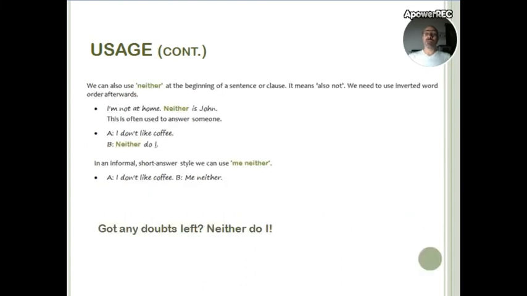Let's go to the last examples. We can also use neither at the beginning of a sentence or a clause. That is, you're saying also not, especially in short answers. For example, I'm not at home, neither is John, not either.